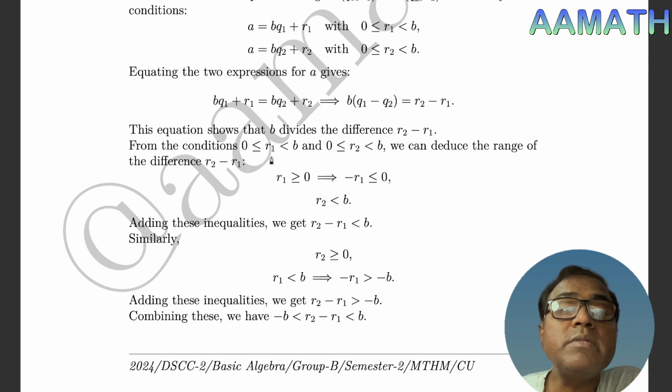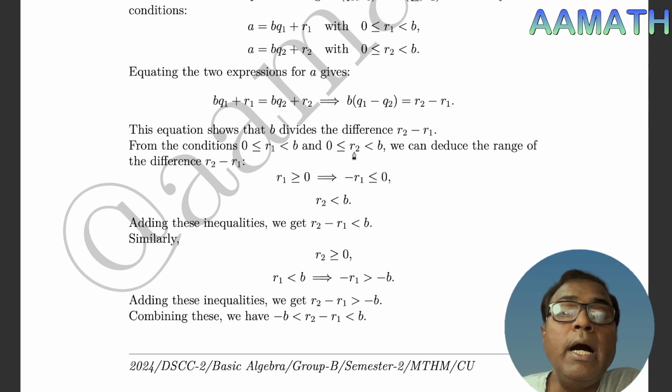From R1 greater than or equal to 0, minus R1 is less than or equal to 0, and R2 is less than B. Combining these, R2 minus R1 is less than B. Similarly, R2 is greater than or equal to 0 and R1 is less than B, so minus R1 is greater than minus B, and R2 minus R1 is greater than minus B.